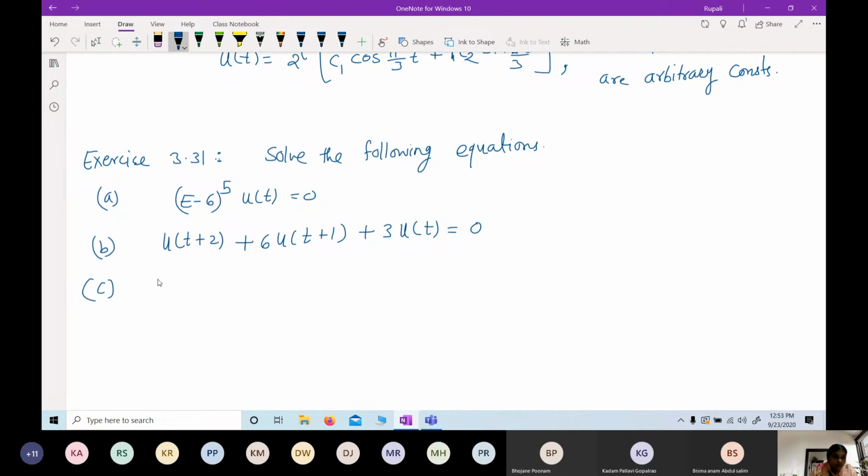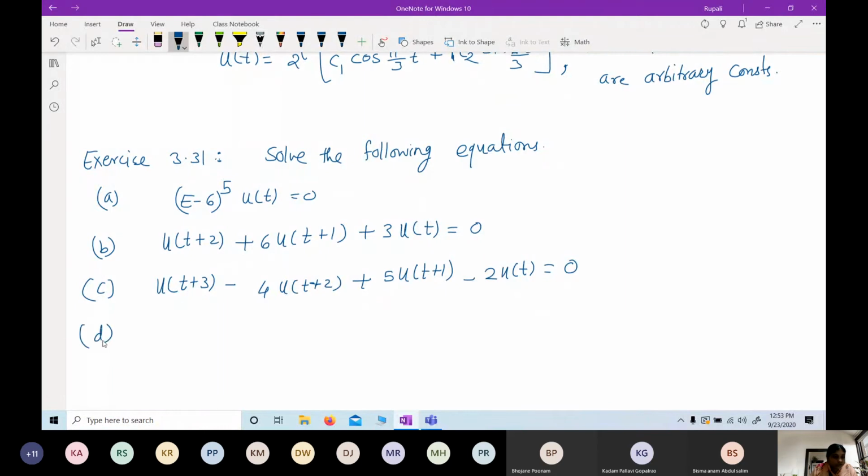C: u at t plus 3 minus 4 u at t plus 2 plus 5 u at t plus 1 minus 2 times u at t is equal to 0.